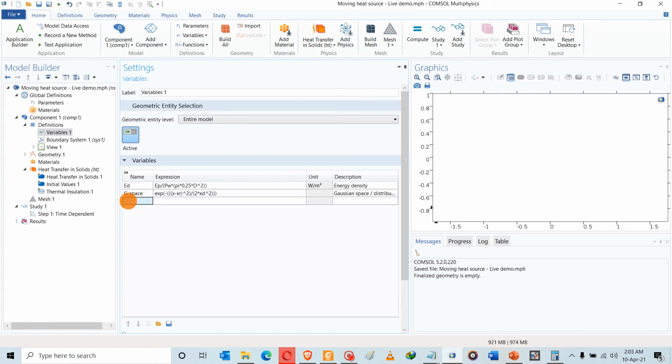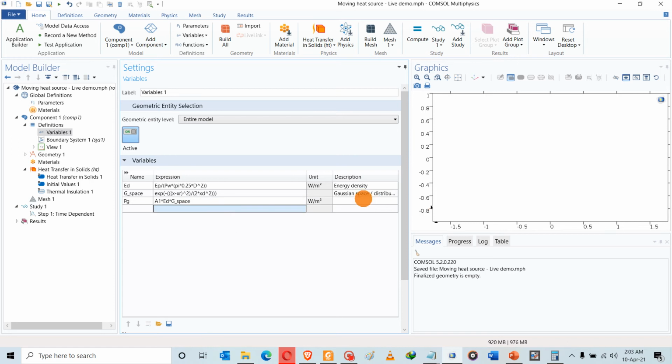Right. Now we have the laser Pg. It is equal to absorptivity, which is A1 in our parameters here, multiplied by the energy density multiplied by the Gaussian space.